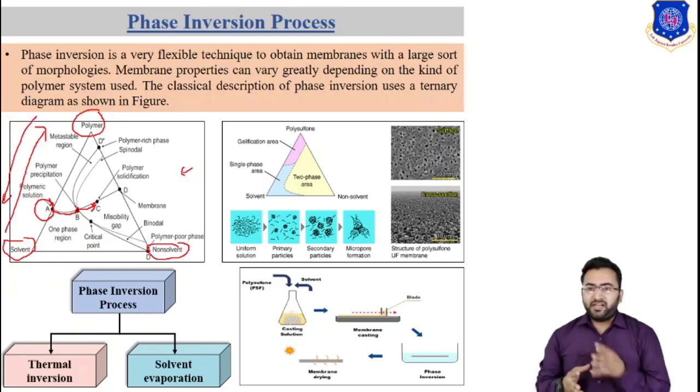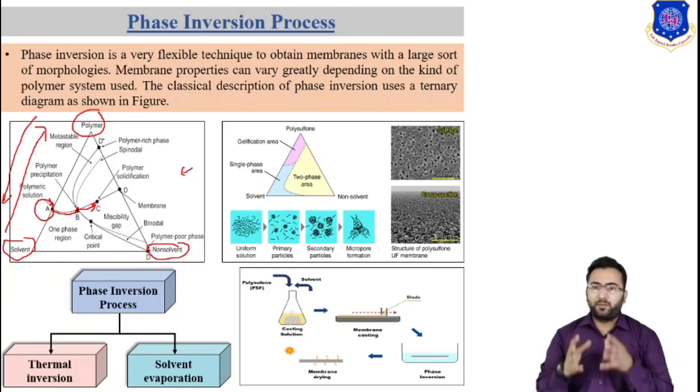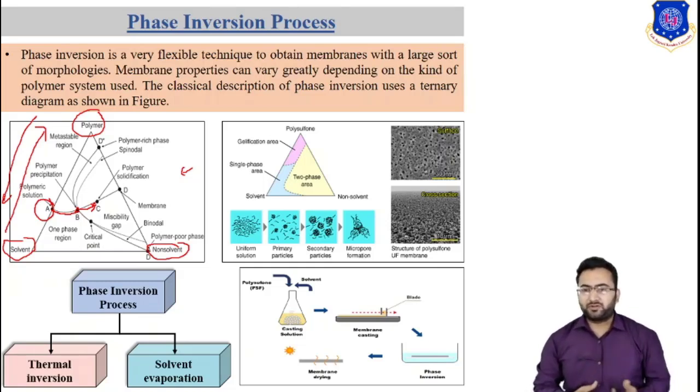Points A, B, C: the two phase region has a solid porous phase, the membrane, and a liquid phase filling the pores. Point B is the transition from one phase to the two phase region, where the mixture splits into a polymer rich phase and a polymer depleted phase. At point D, the polymer rich phase becomes solid.